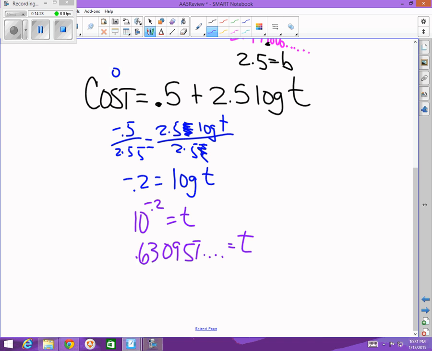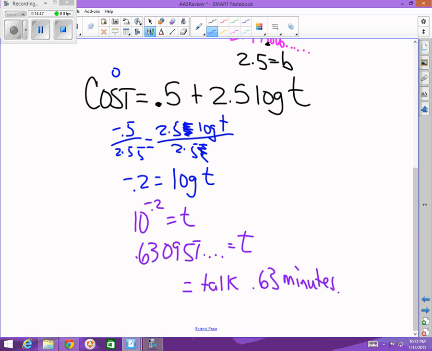So what that means is you can talk for 0.63 minutes without having to spend any money because your cost is still 0 in the context of this problem.